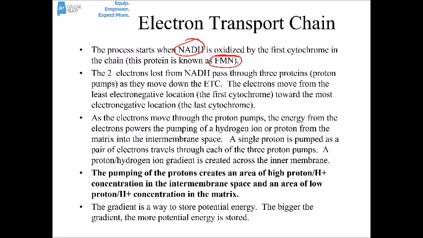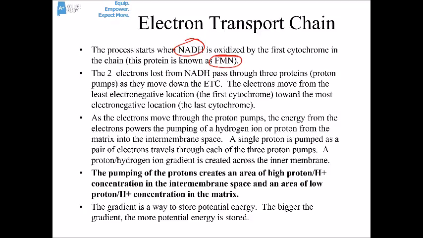As the electrons move through these proton pumps, their energy is used to power the pumping of hydrogen ions, or protons, from the matrix of the mitochondria into what's called the intermembrane space, the space between the outer and inner mitochondrial membranes. A single proton is pumped as a pair of electrons travels through each of the three proton pumps.